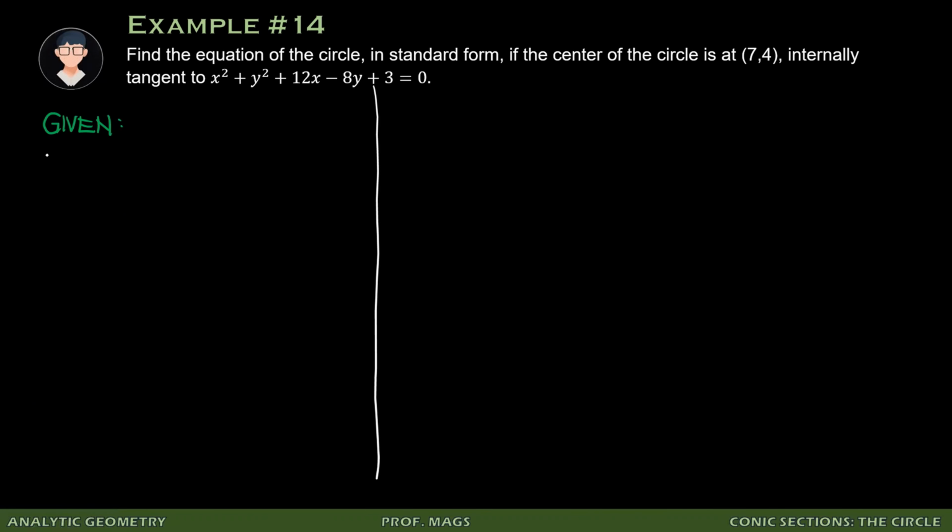So for the first circle, or circle number 1, we have a given center, which is symbolized as C sub 1.